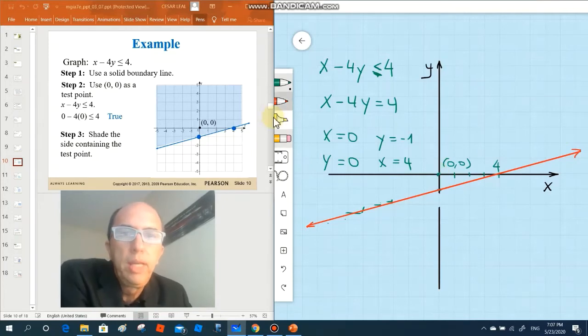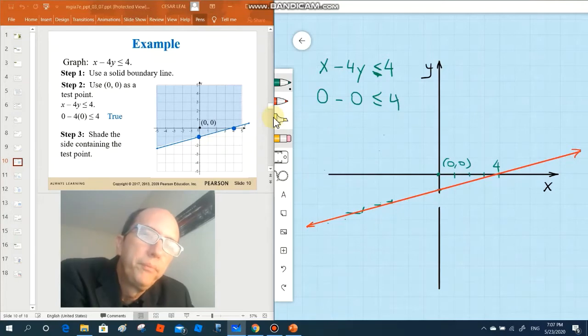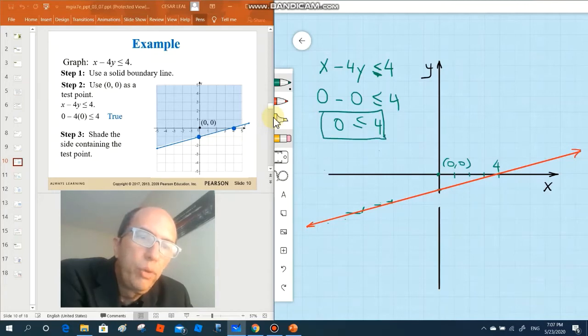So let's plug in here. Let me erase this. X equals 0 minus y equals 0 is less than or equal to 4. 0 is less than or equal to 4. What do you think? Is this true or false? True, right?